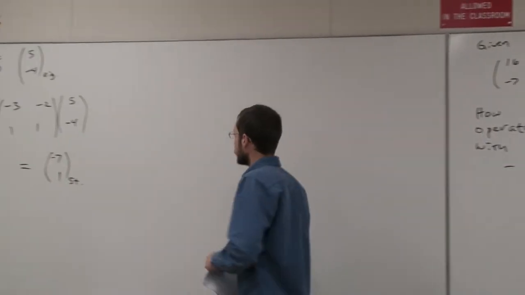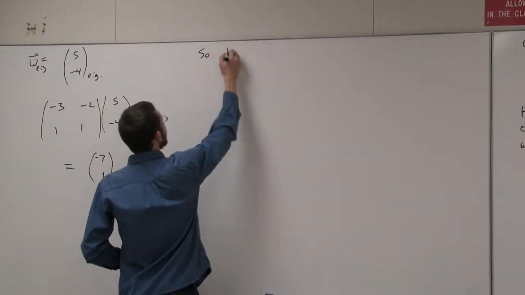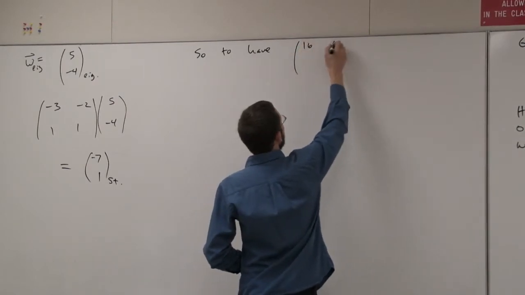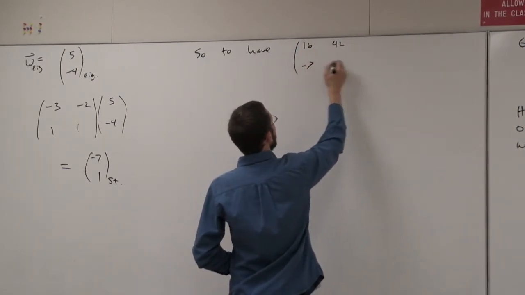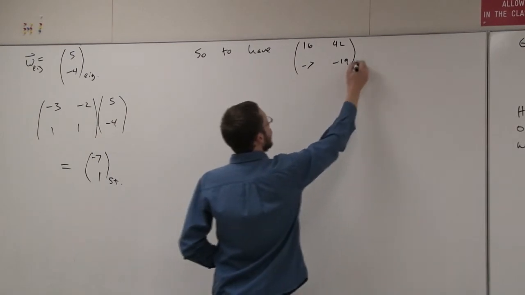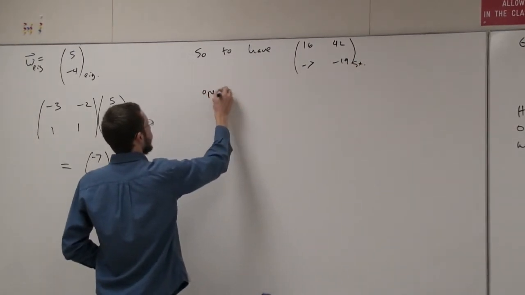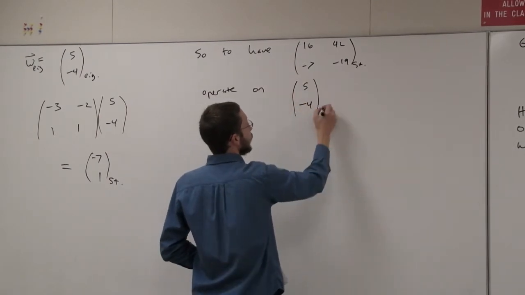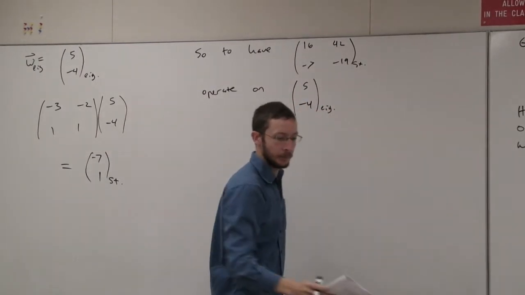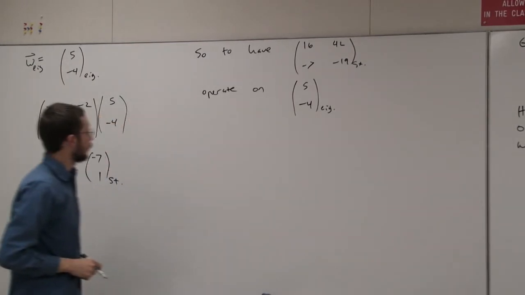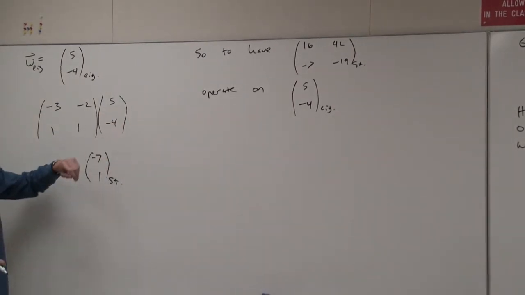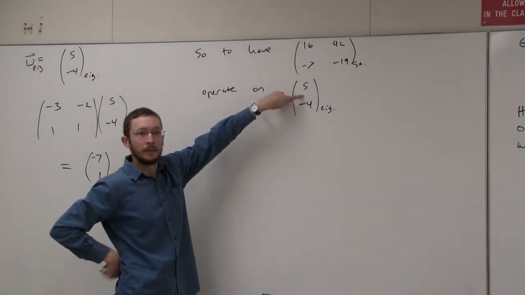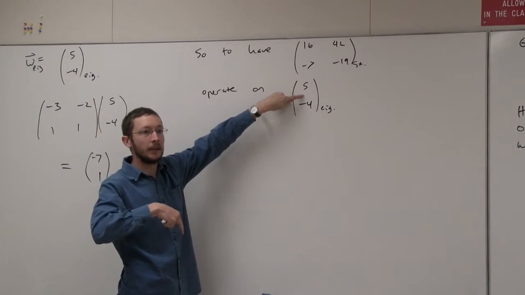And so to have this matrix 16, 42, -7, -19 operate on this vector 5, -4 written in terms of the eigenbasis, all we have to do is pre-multiply this thing by the matrix that sends it back to the standard basis.